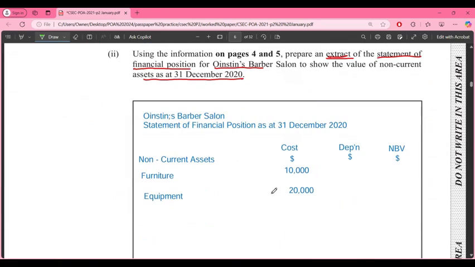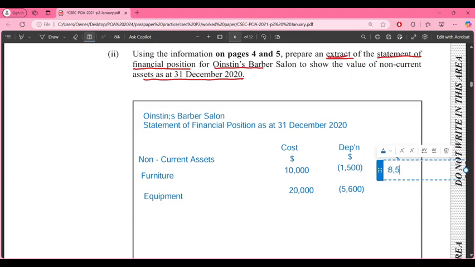So that would give us $5,600. So you put that part in your depreciation column, and you have it in a minus bracket because you want to show that this figure will be deducted from the 10,000 in the cost column.